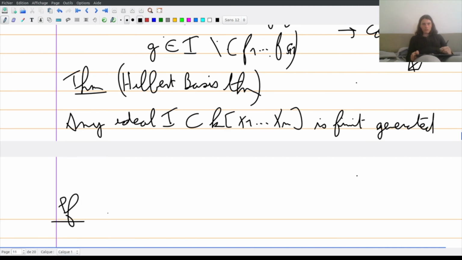So let me make the proof by induction on n. So n equals 1, it's the lemma.